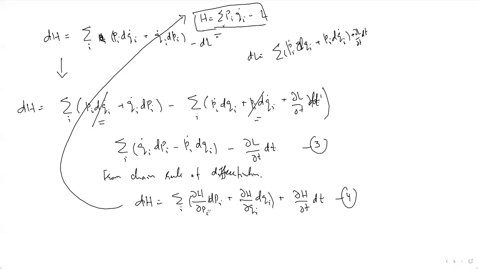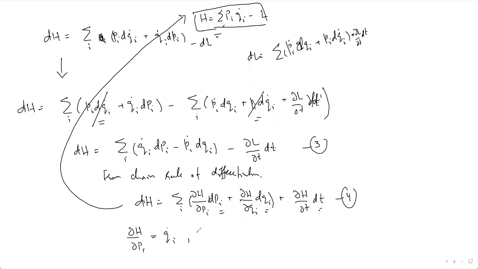Now from these two equations I can equate the coefficients of dp_i, dq_i and dt. Because this is equal to dH and this is equal to dH, the left hand sides are equal, so the right hand sides will be equal to each other. On equating the coefficients, partial H by partial p_i will be equal to q dot i.